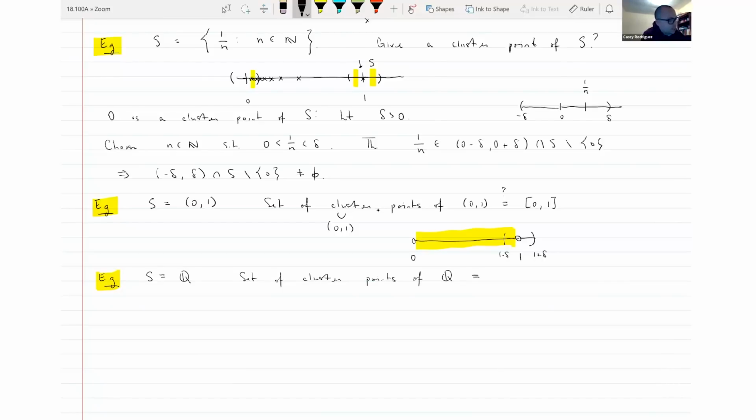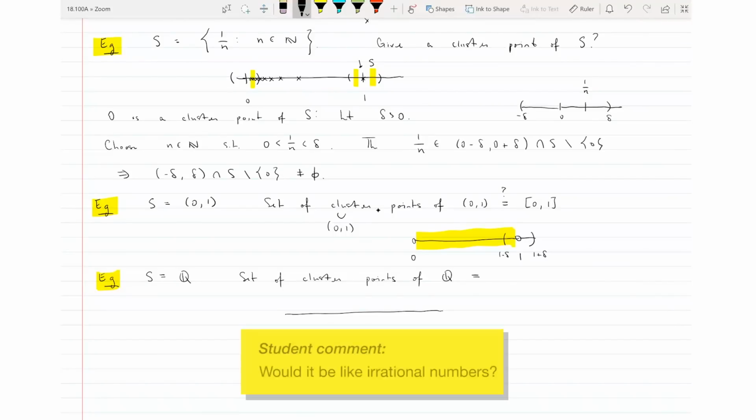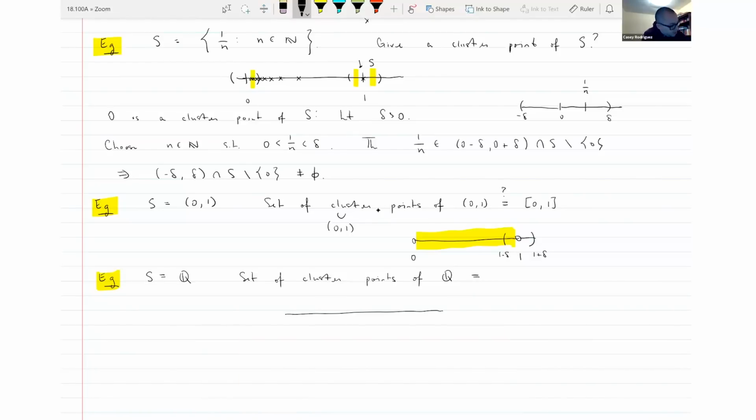Now, what is the set of cluster points of the rational numbers? Okay, so perhaps it'll contain the irrational numbers. So let's think about this for a little bit. For example, let's look at square root of 2, a perfectly good irrational number. If I draw a little interval around square root of 2, can I find a rational number in there that's not equal to square root of 2?